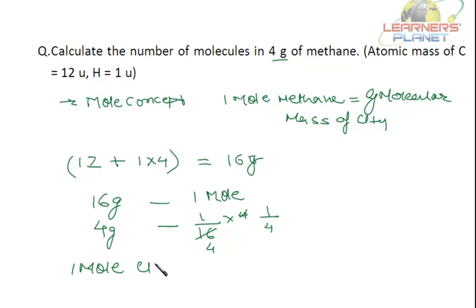of methane has how many molecules of methane? 6.022 into 10 to the power 23. You very correctly write it.